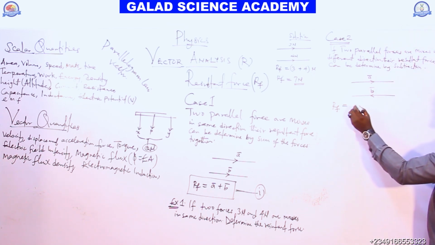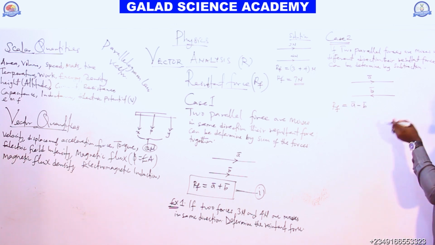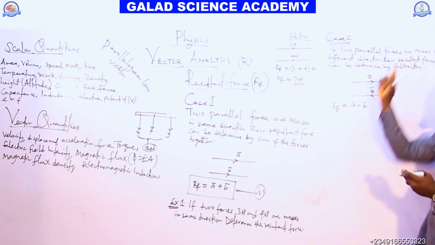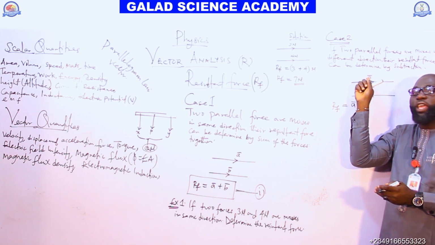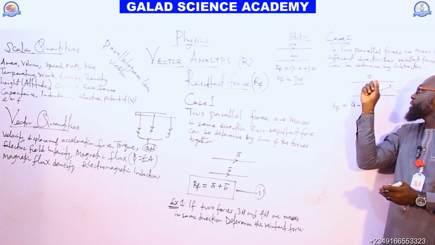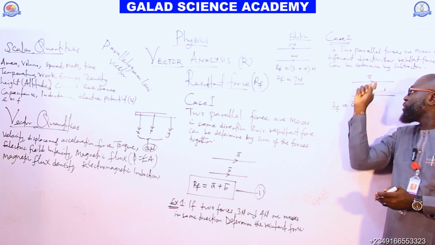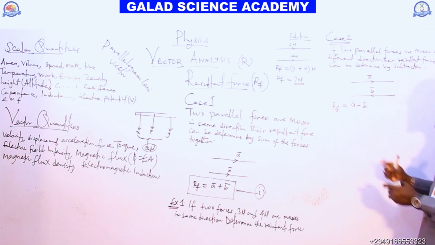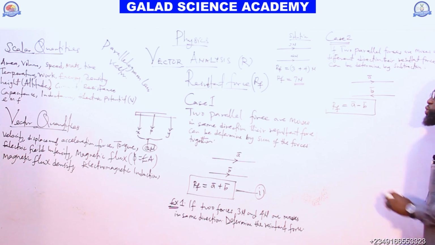So what we do is A minus B. You will subtract the lesser force from the bigger force. Assume the value of A is bigger than the value of B. So you subtract B from A. That's how we get the resultant force for two forces that face different directions.